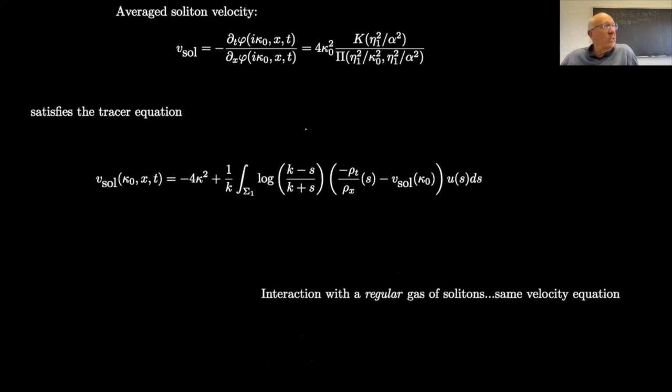I think of it as a very regular, organized gas of solitons sloshing about, and a tracer passing through them. And it's a rigorous analysis that shows that you can compute the velocity, and you can show that the velocity solves this equation. But again, we don't actually need this equation because we have very precise information about the soliton itself.